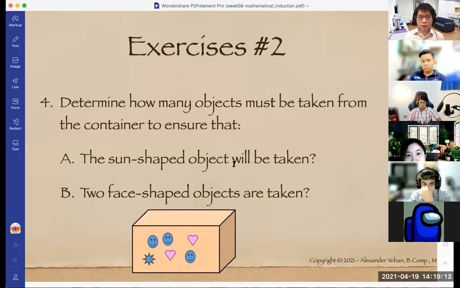All right. Earlier, Kenneth asked, what if for number B, two face-shaped objects are taken, but after the sun-shaped object is taken. What does it mean?